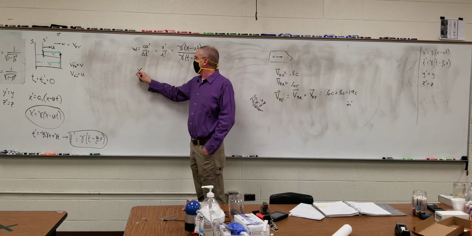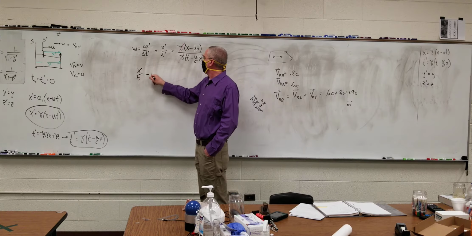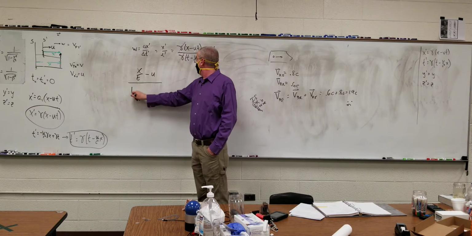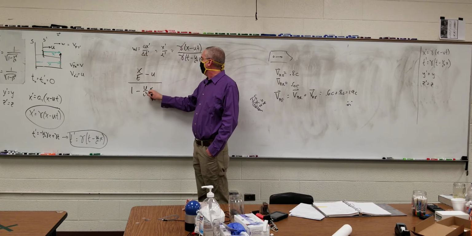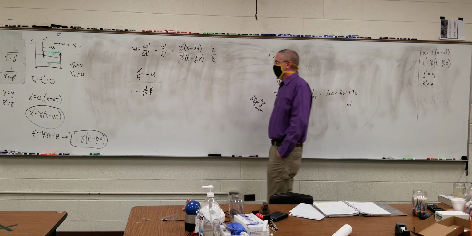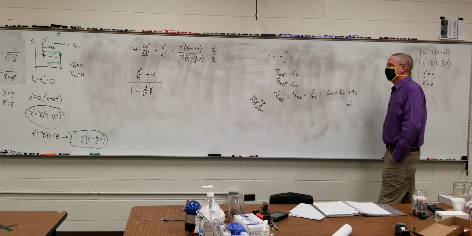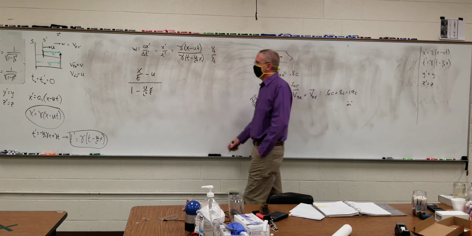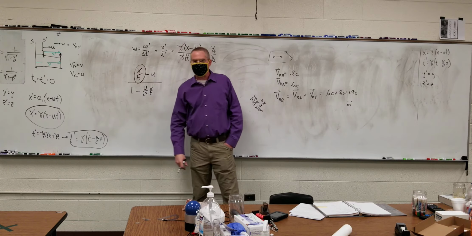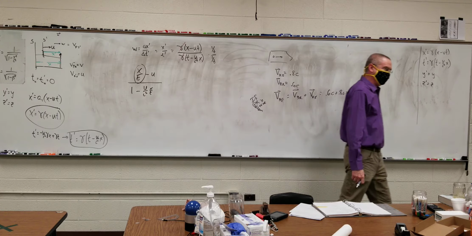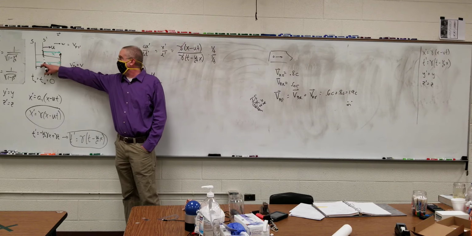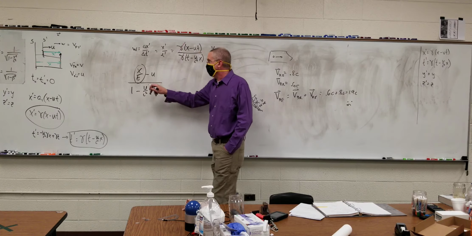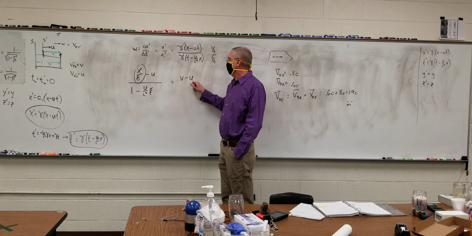So I get x over t minus u, divided by 1 minus u over c squared times x over time. Well, that's just the distance traveled in the S frame divided by the time in the S frame. In other words, this is how fast the particle is going in the S frame, which is just v. So this becomes v minus u over 1 minus uv over c squared.